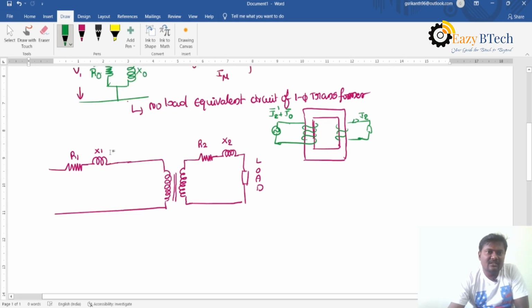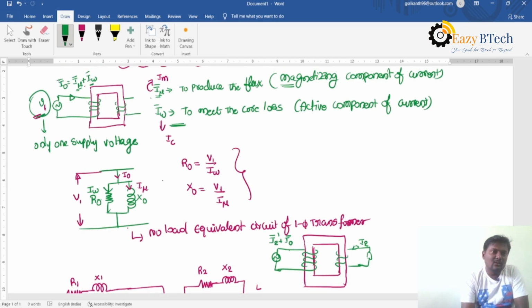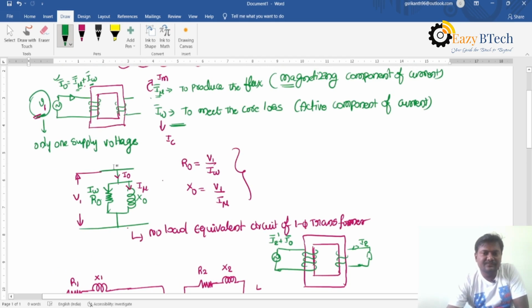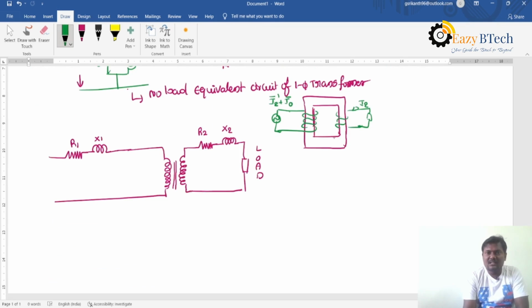Under no load condition, the no load current flows through the transformer, and once the secondary winding is loaded, an extra reflected current flows through the primary winding, and then I get the primary current, that is I1.